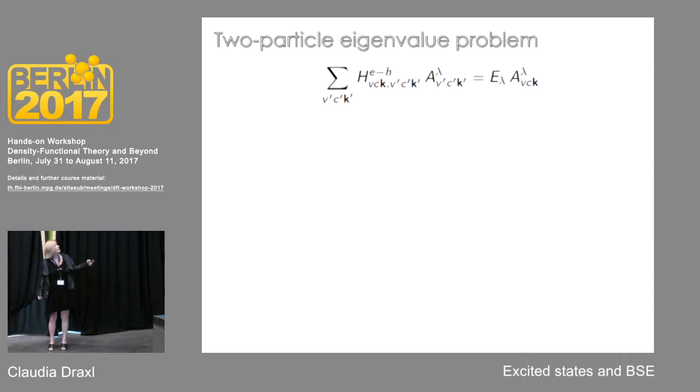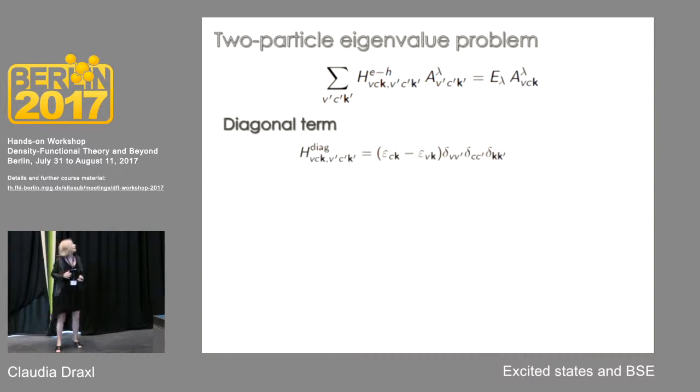So this is another way of writing down the Bethe-Salpeter equation. It's already in matrix form. Here you see the electron-hole Hamiltonian. And you see from the indices, this is quite an involved object, and that's why it's also very time-consuming when you compute it. So what is inside this Hamiltonian? There are three terms.